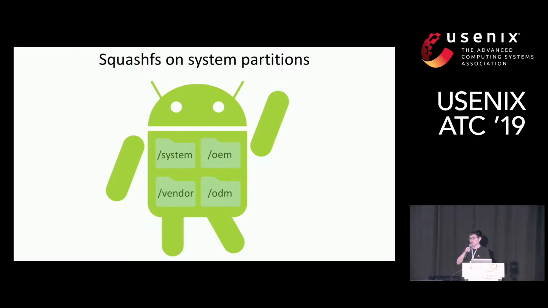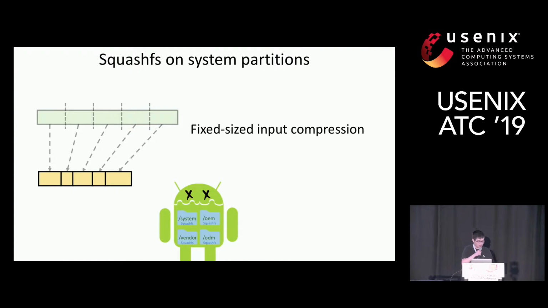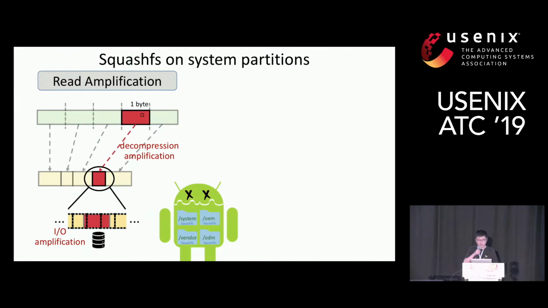SquashFS is the state-of-the-art compressed read-only file system, and when we used it in Android, the system booted, lagged, and even froze for seconds and then rebooted. So why did this happen? We found that SquashFS uses fixed-size input compression, which brings 2 issues.